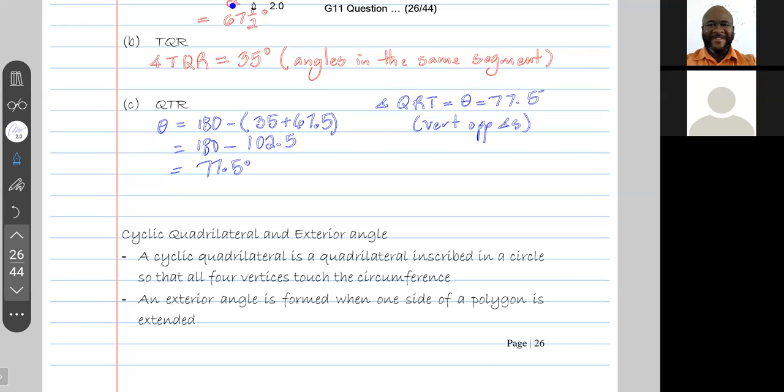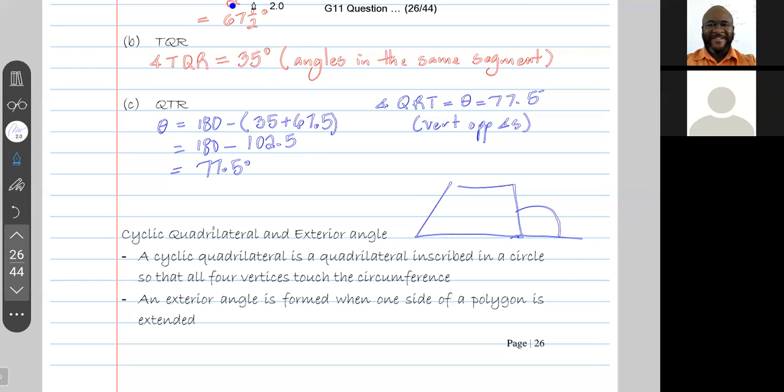Ladies, gentlemen, an exterior angle is formed when one side of a polygon is extended. So if you have a polygon and you extend one side, which means just simply draw it longer, the angle that is formed on the outside is called an exterior angle.